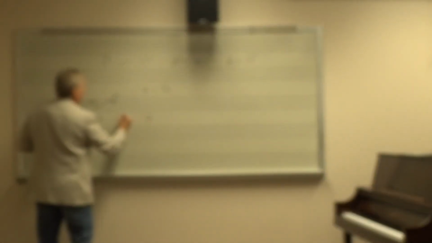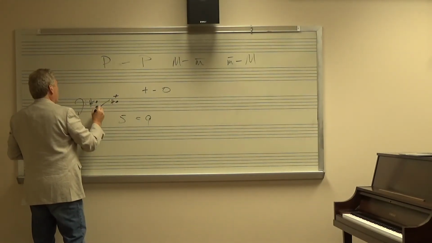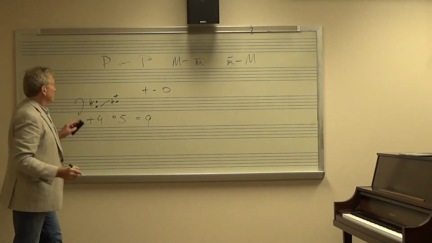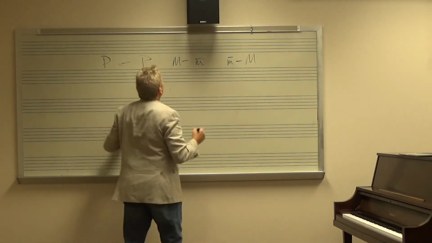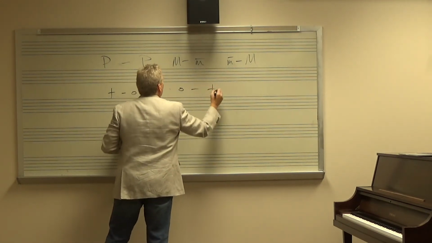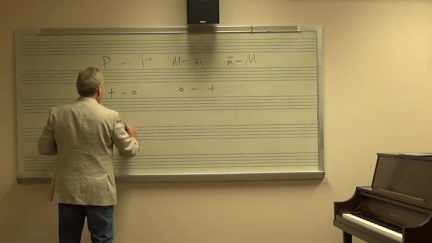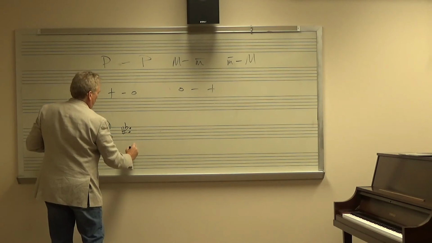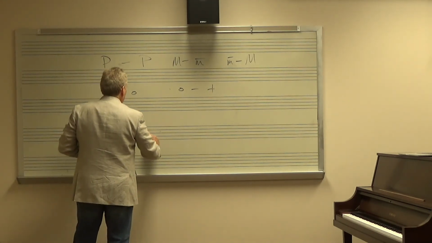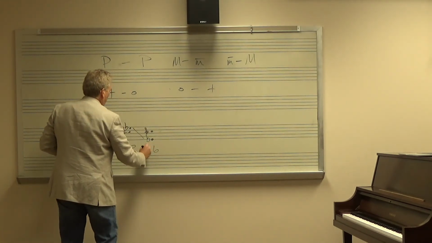Fourth plus what equals 9? Fifth. And indeed, that is 5 steps away. This is an augmented fourth. And indeed, that's a diminished fifth. And vice versa. My diminished will invert to augmented. Diminished, that's a third. It's a diminished third. And inverted, that's a sixth. And that's an augmented sixth.